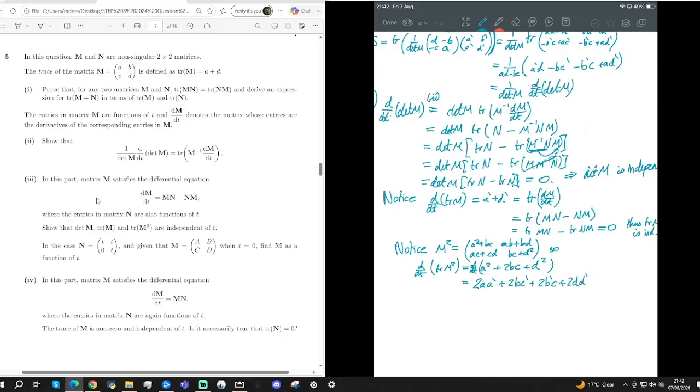Can I write this as the trace of something else? I'm kind of imagining a matrix which has diagonal elements as so.